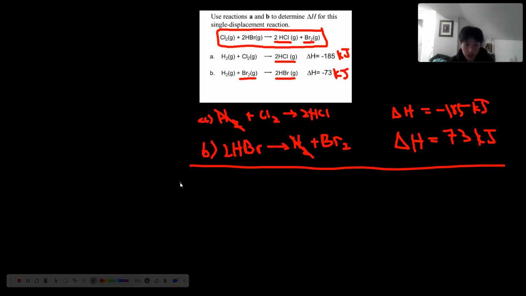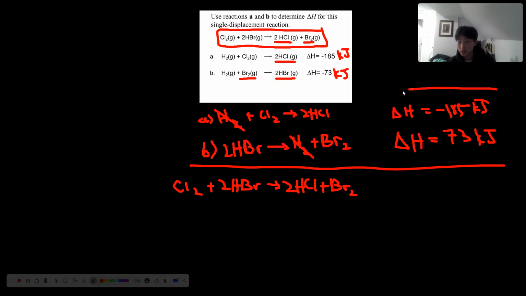And you would end up with Cl2 plus 2HBr will yield 2HCl plus Br2. And our last step here, now that we have our final equation, is to calculate the sum of our delta H's.